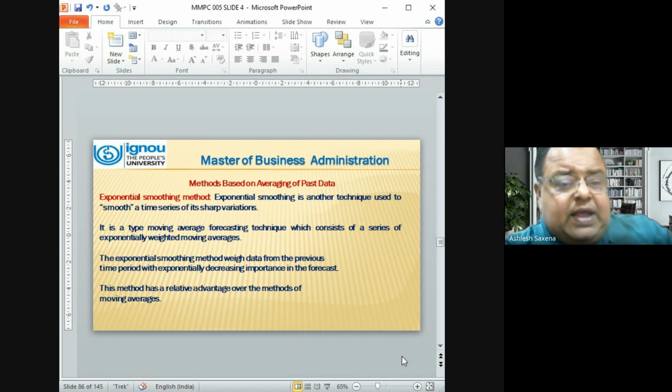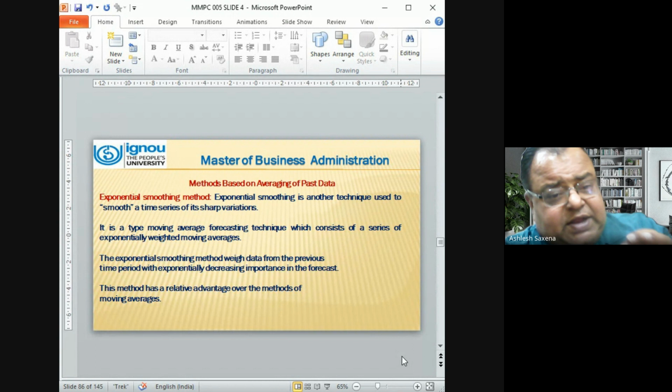It is a type of moving average forecasting technique which consists of a series of exponentially weighted moving averages. The exponential smoothing method weighs data from previous time periods with exponentially decreasing importance in the forecast.